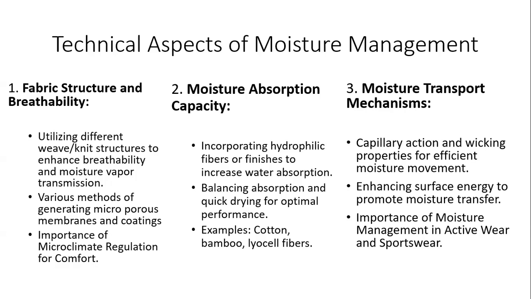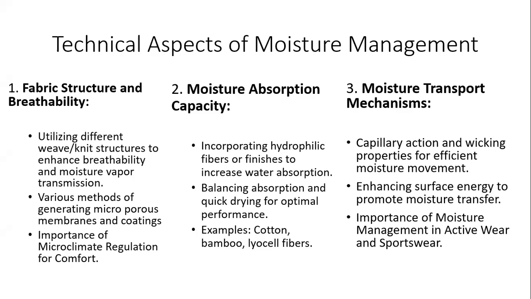And then under that pillar, we can look at different methodologies to develop microporous membranes and coatings. Not only through the structure, but also through the application of certain after-finishes, you incorporate microporous membranes. These microporous membranes act as wicking windows, and therefore they transport the moisture through the fabric structures. And then there could be certain coatings also.